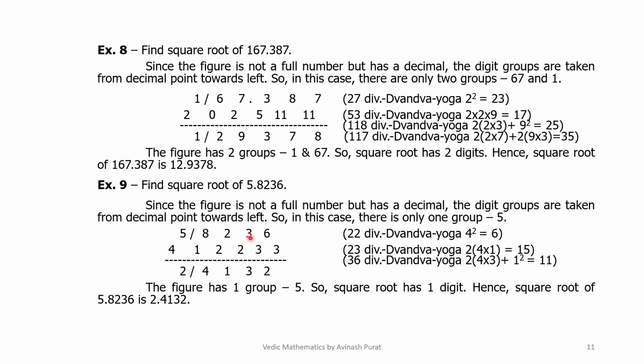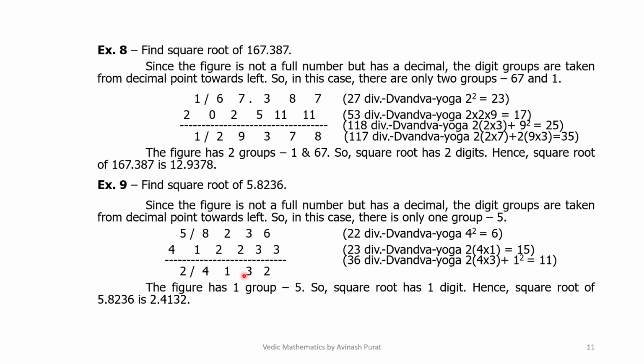Next dividend is 23. Dvandva yoga is 2 into 4 into 1, that is 8. So 23 minus 8 is 15. 15 divided by 4, 3, that is 12. 3 is quotient and 3 is remainder. Next dividend is 36.